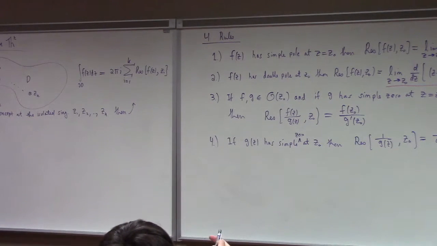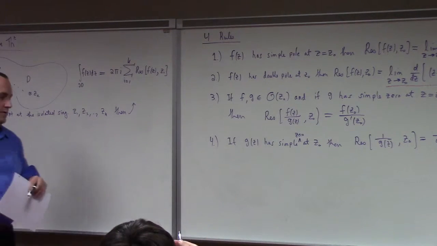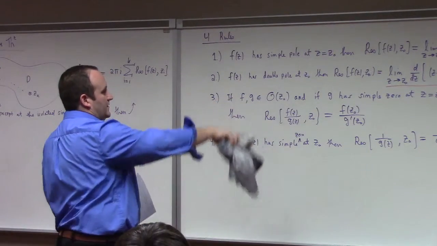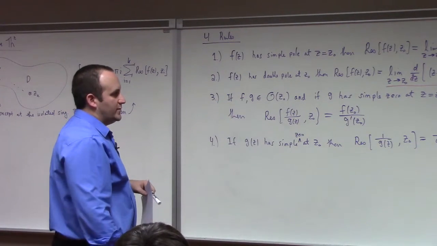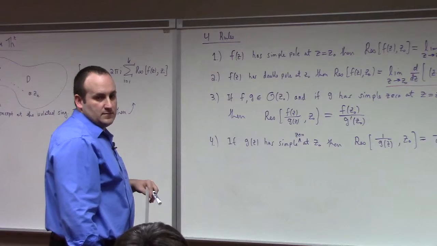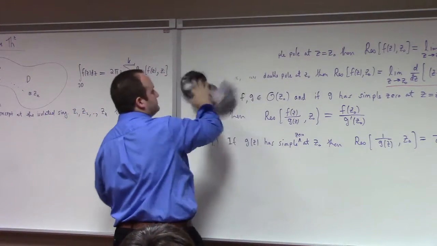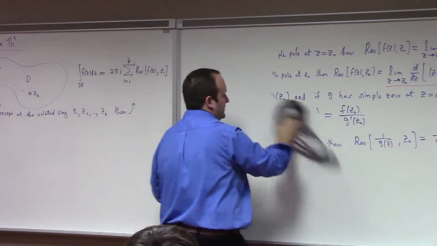Well, right, but I'm saying like if the function has a triple pole, a quadruple pole, is there like a more generalized method to calculate the residue? Yeah. There's a generalization of that to higher poles. Indeed, there is.